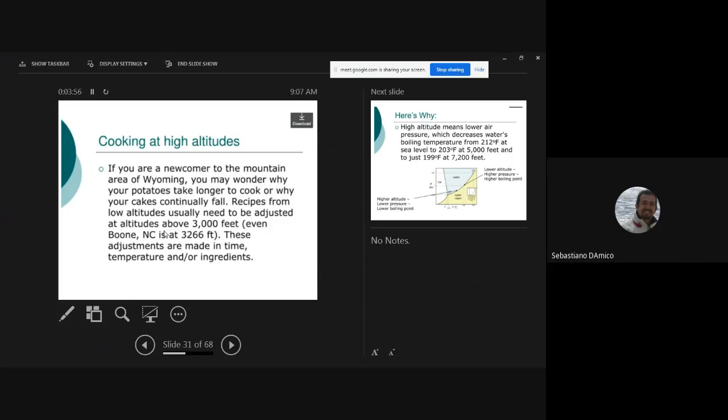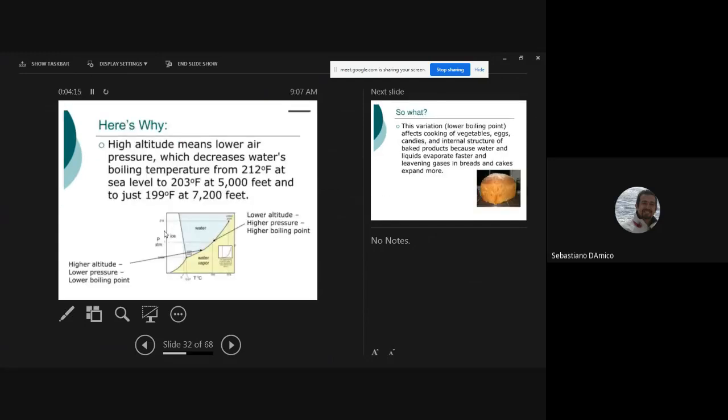So the environmental factor can actually make a difference and influence the way we're cooking. This is due to a variation of physical properties. Let's try to see why at high altitude we have some parameters that are changing or affecting this.